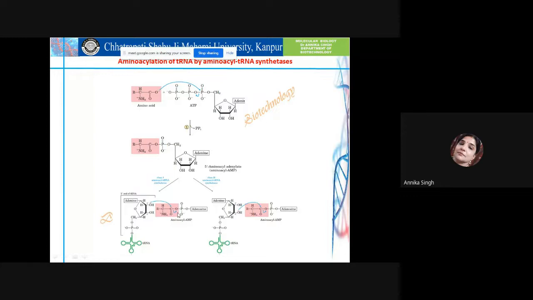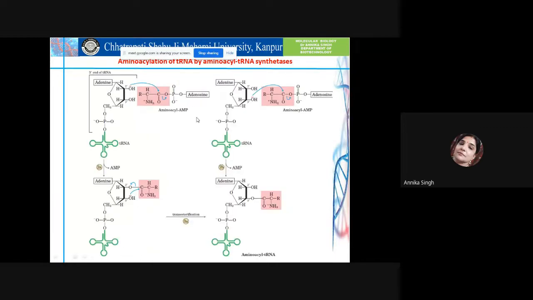So there is bond shifting which results in the formation of amino acyl transfer RNA, but here the amino acyl first binds at the 2' position of the ribose sugar, and then after a transesterification reaction it is shifted to the 3'.